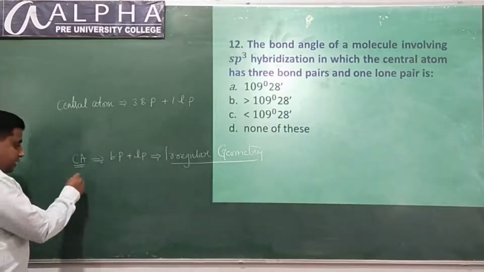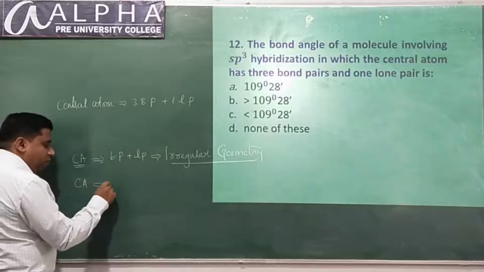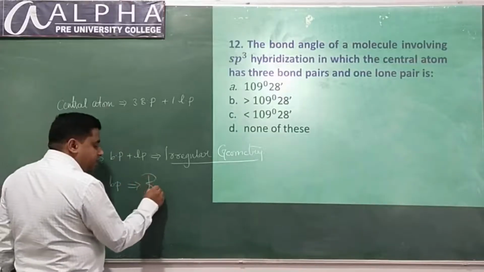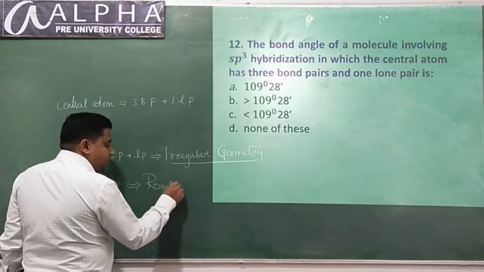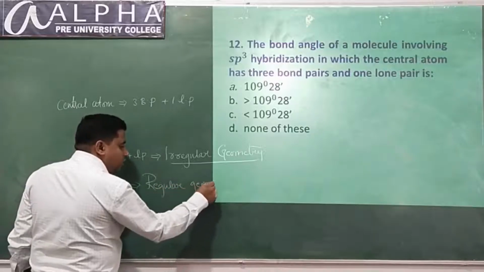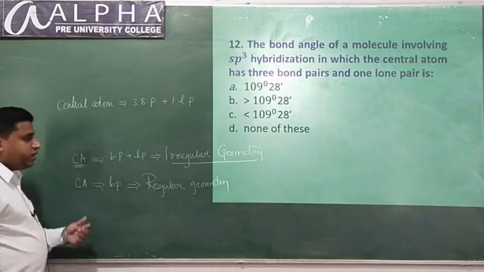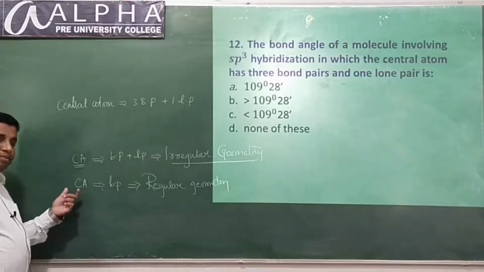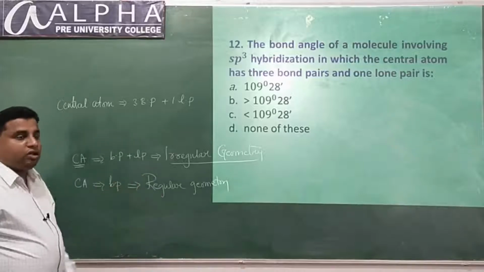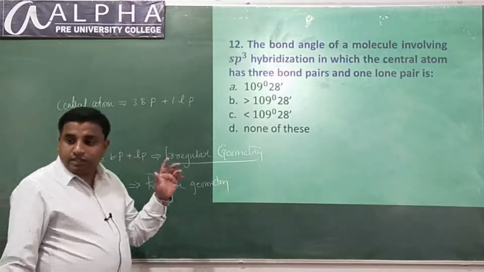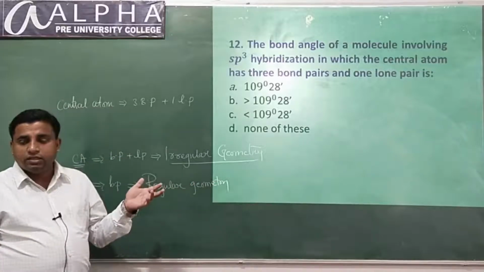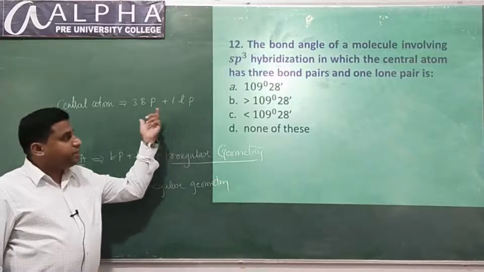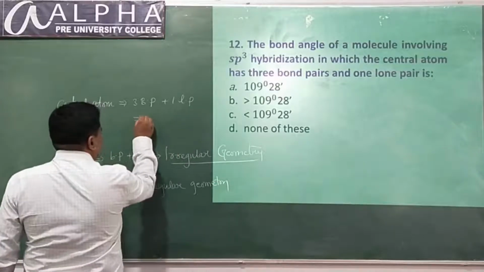But if the central atom is surrounded only by bond pairs, then it is called regular geometry. So the question is talking about irregular geometry, because the central atom has 3 bond pairs and 1 lone pair.